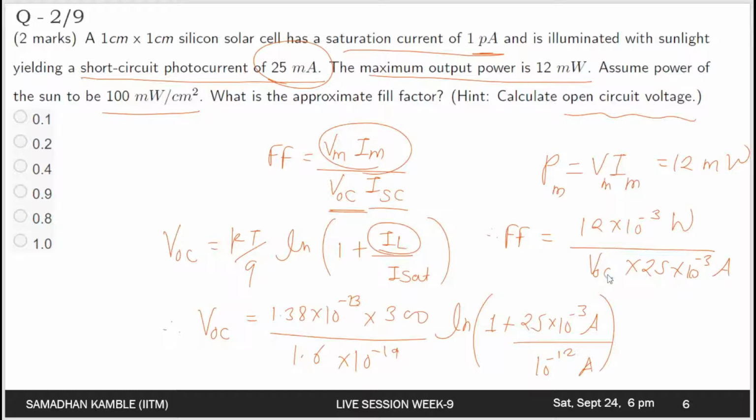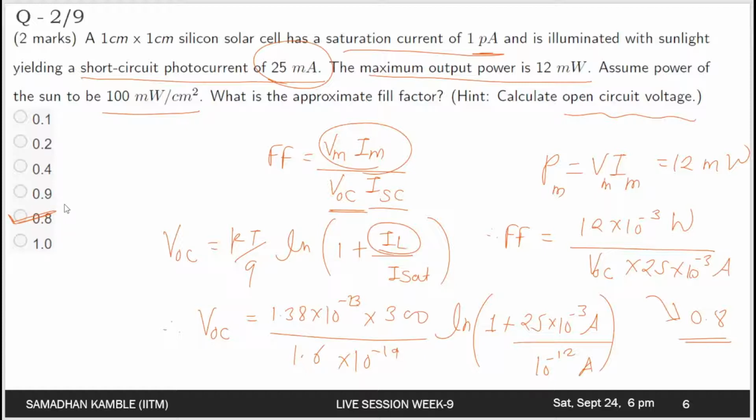Amp times volt is power, so the units cancel. So the fill factor, which is a unitless quantity, in our case would be approximately 0.8. You just compute it and you will get around 0.8. So the approximate fill factor is 0.8.